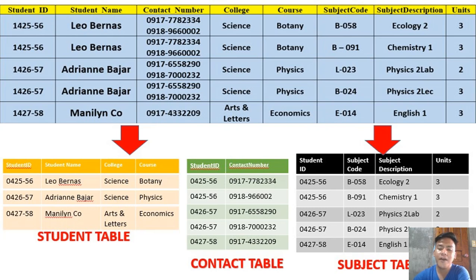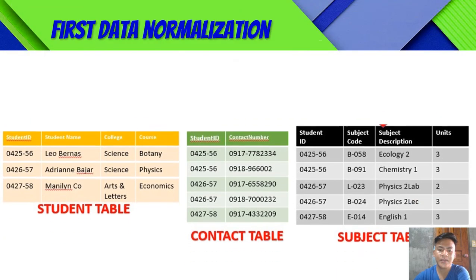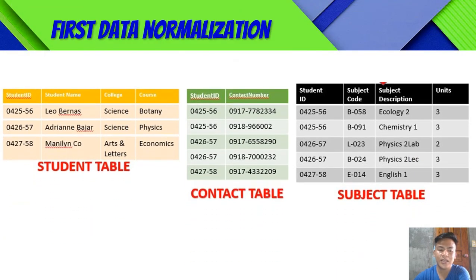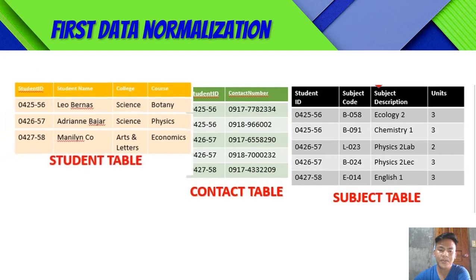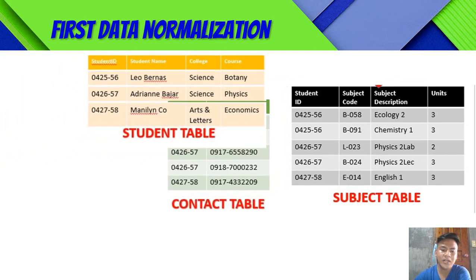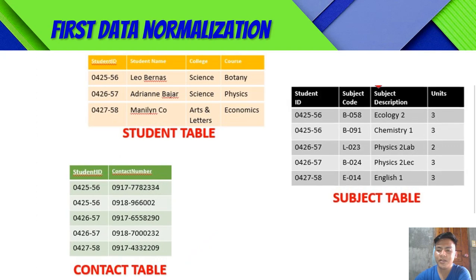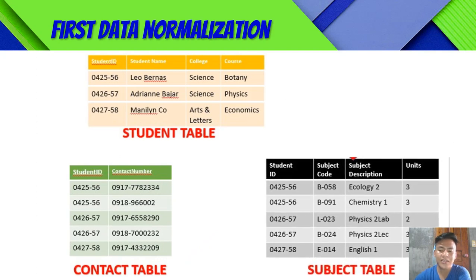So our final tables now are this one: the student table, the contact information table, and the subject table. That is the final result of the first data normalization form, but we're now going to perform the second data normalization form.